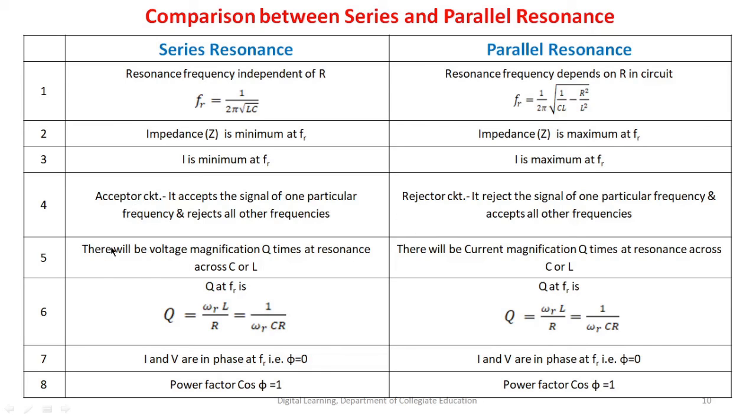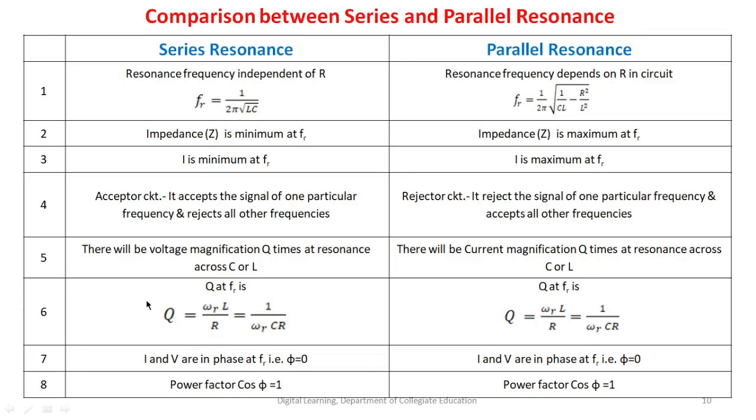The fifth difference is there will be a voltage magnification Q times at the resonance across the capacitor or inductor. Here there will be a current magnification which is Q times at the resonance across the capacitor or inductor. So in series resonance we can observe the voltage magnification which is Q times more, and in parallel resonance we can observe the current magnification.